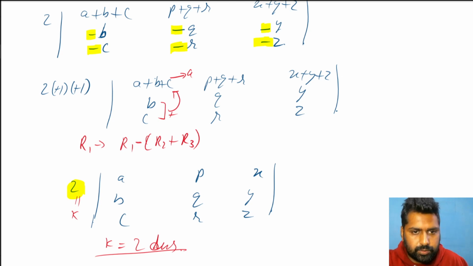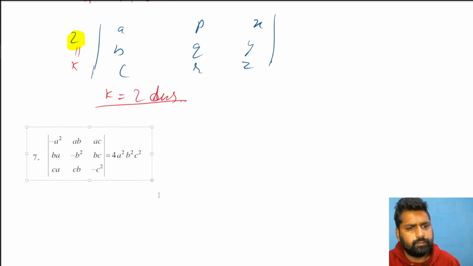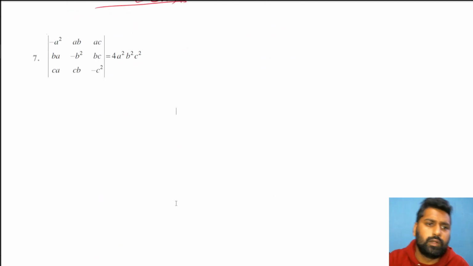Let's take a look at another question. You have to prove this: it is 4a square b square c square. What if the question doesn't give you this and they just ask you to evaluate?